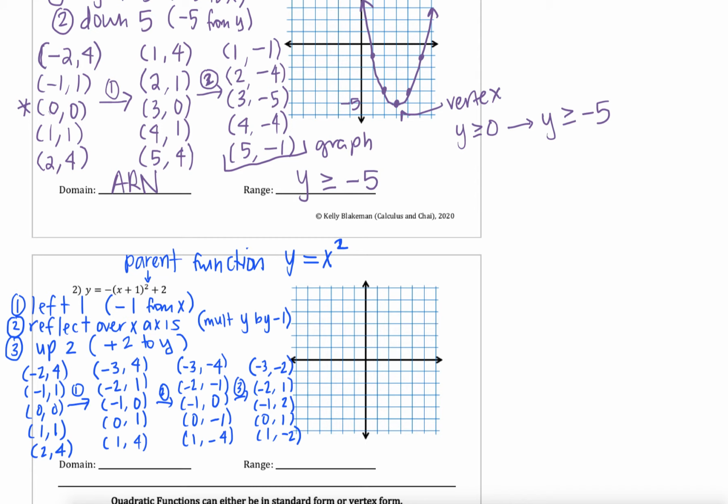Now these are the 5 points that we graphed since we've now applied all of our transformations. So I have -3, -2; -2, 1; -1, 2; 0, 1; and 1, -2.